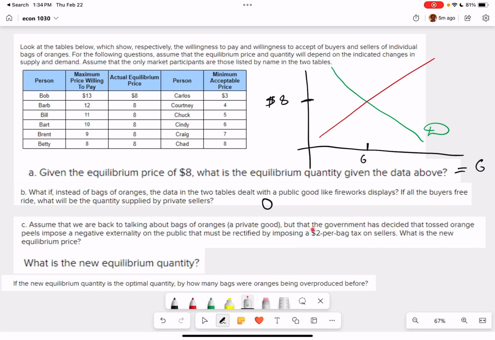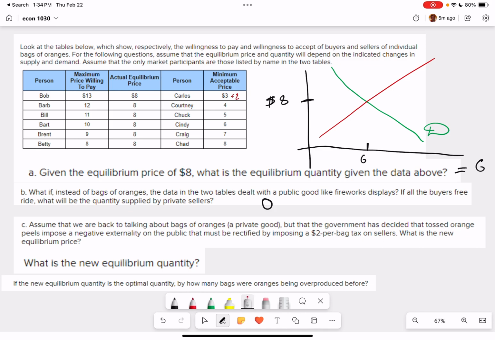So we know what happens. The supply curve, wherever it was, now it will go up by $2. Why? Because whatever was the cost of supplying, now it has bumped up by $2. So all these prices, they'll have to add plus 2.